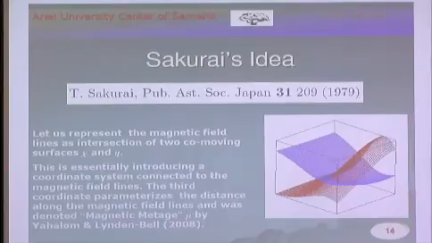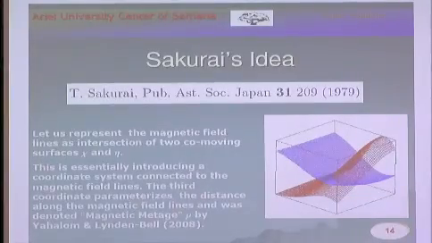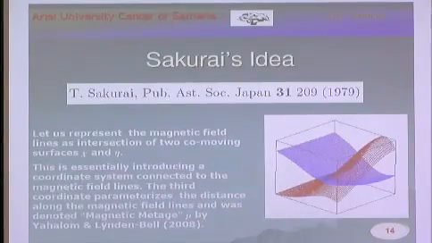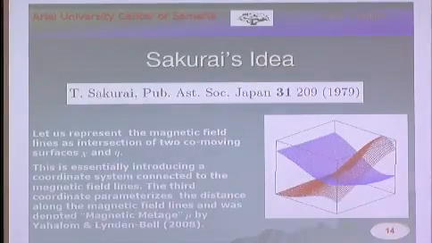Let me start by looking at an idea due to Sakurai. Sakurai suggested to look at the magnetic field lines as an intersection of two co-moving surfaces, chi and eta. So this is essentially introducing a coordinate system connected to the magnetic field line. You need a third coordinate.